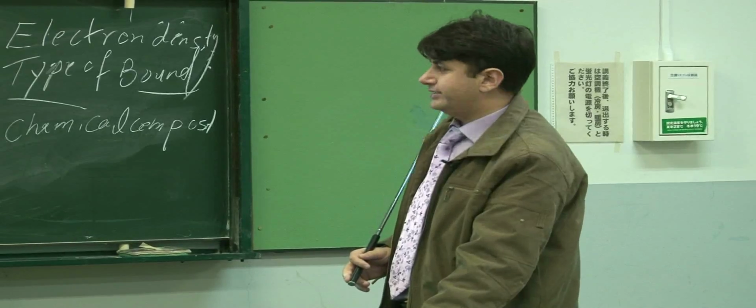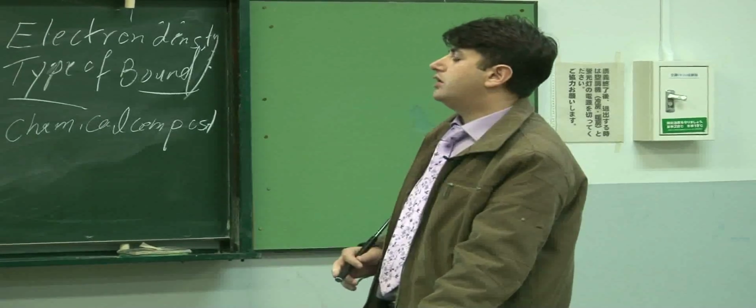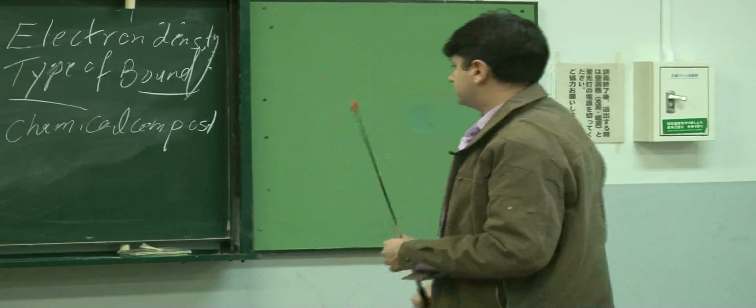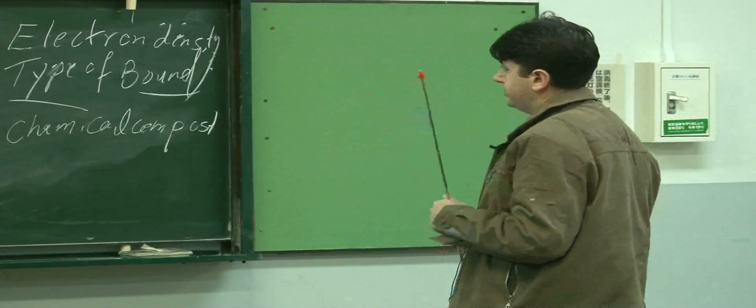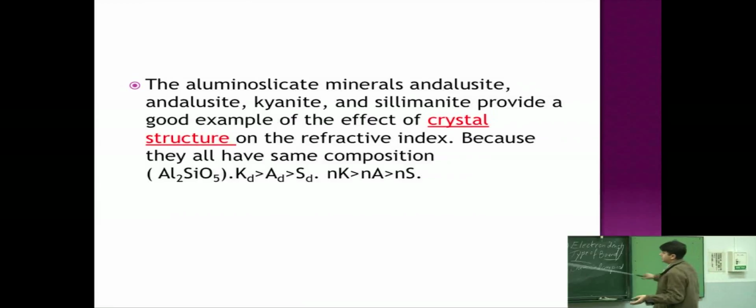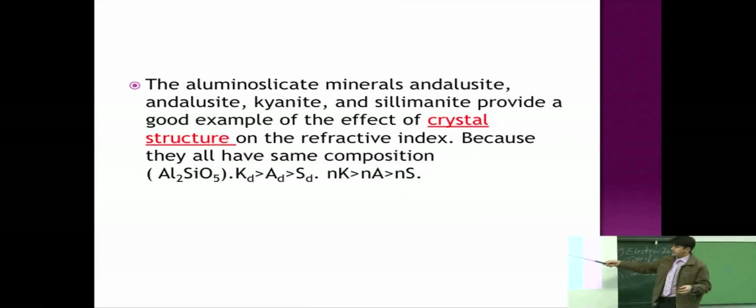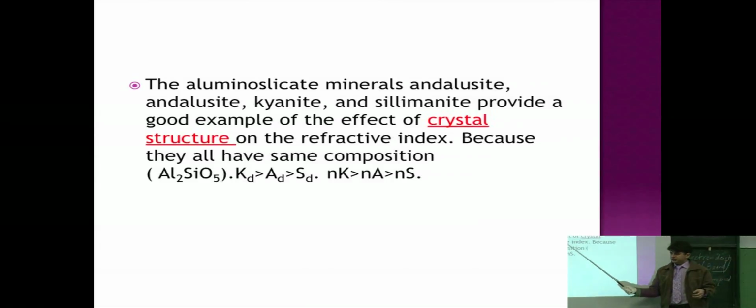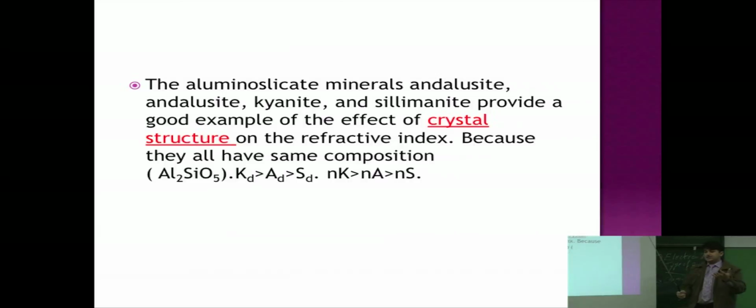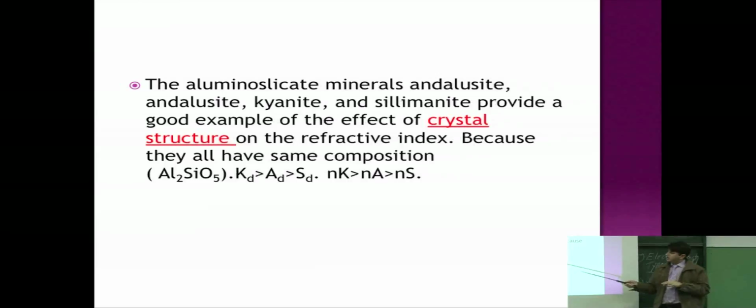Another important factor that controls the velocity of light in a mineral is crystal structure. In the last lectures I talked about kyanite, sillimanite, and andalusite structure. One is tetrahedral, the other octahedral.